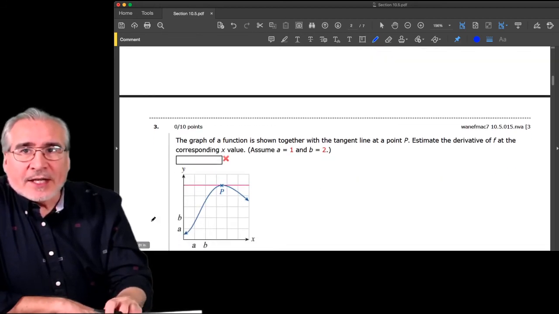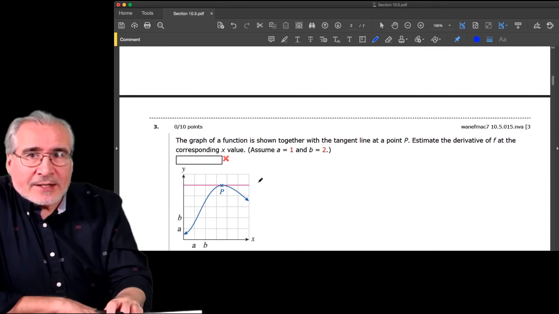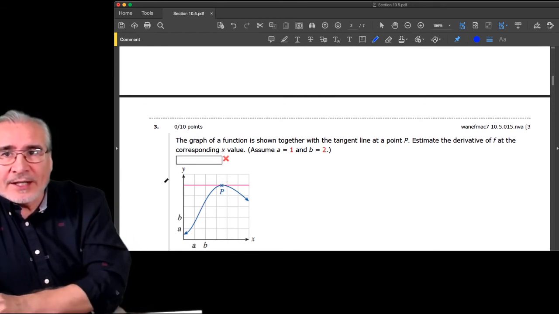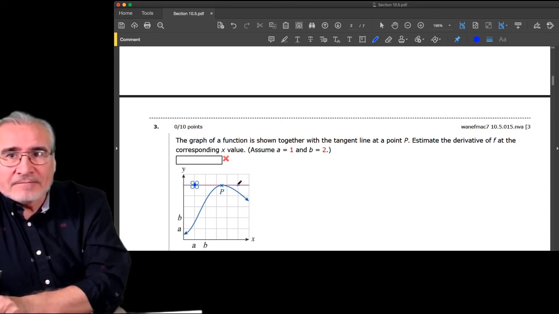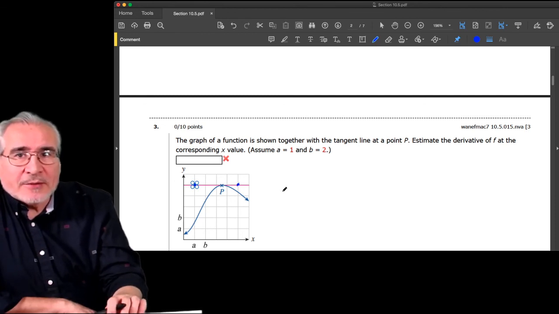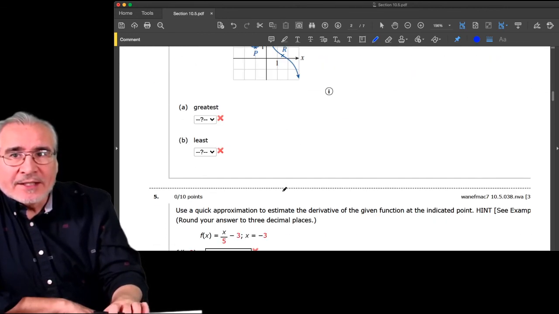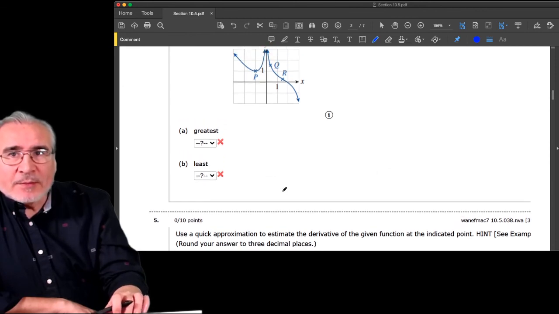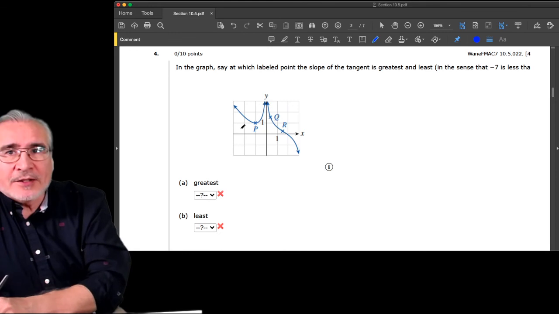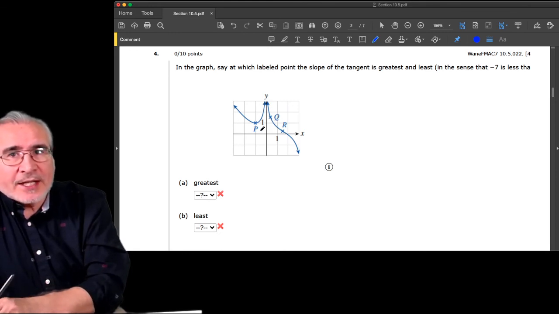Now this one, again, we've got the tangent line, and again, choose 2 points on this tangent line and find the slope of that tangent line. And that will be the derivative, okay? We can estimate the derivative by looking at the slope of the tangent line.